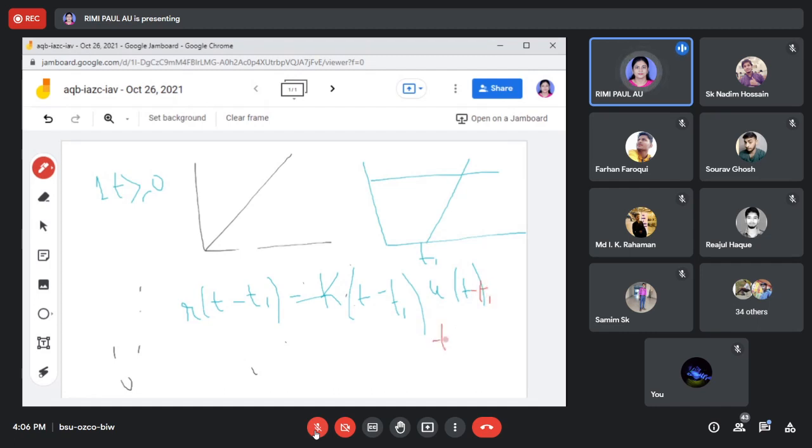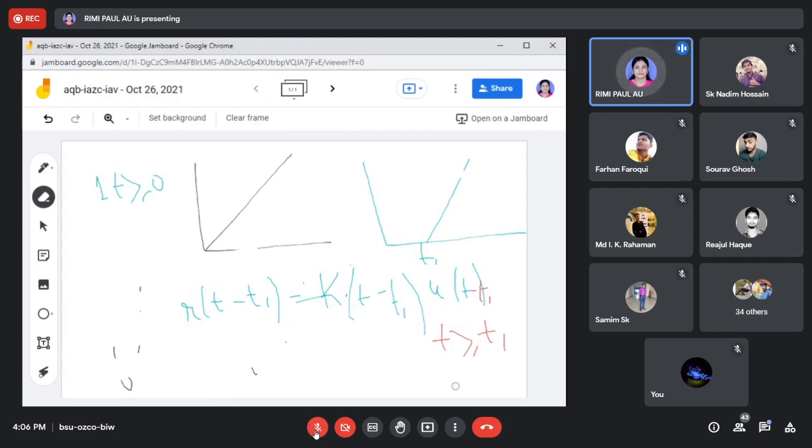Now you can say that for t greater than or equal to t1, the function of the unit ramp on this positive side is equal to k(t - t1) u(t - t1) when t is greater than or equal to t1.